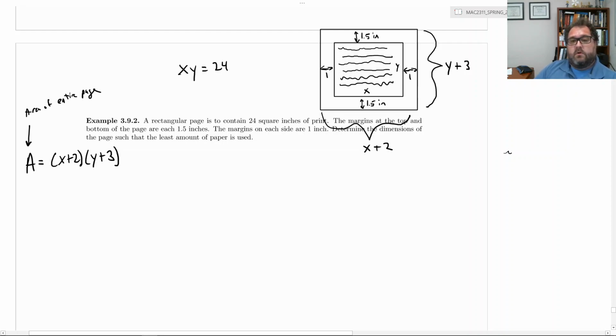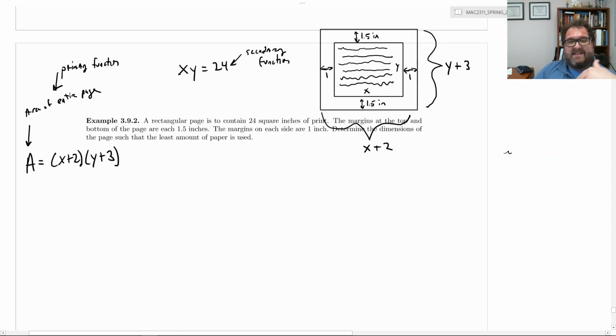And this is what we call our primary function, or objective function. And by the way, the only other information we have is this right here, and that's our secondary function. Just like the last example, we have a primary function with x's and y's in.